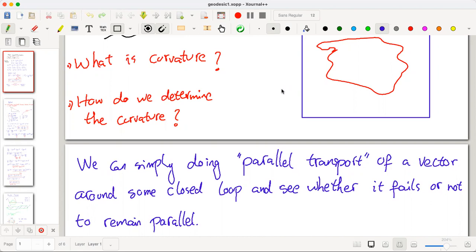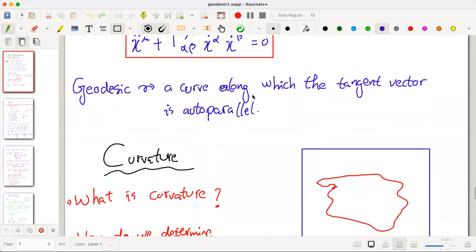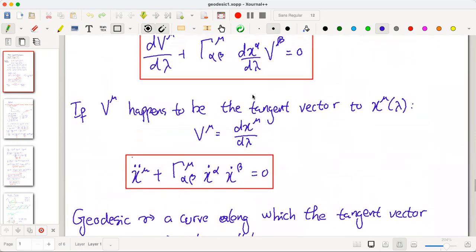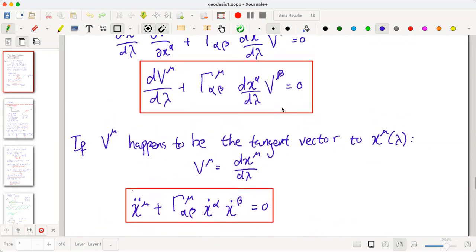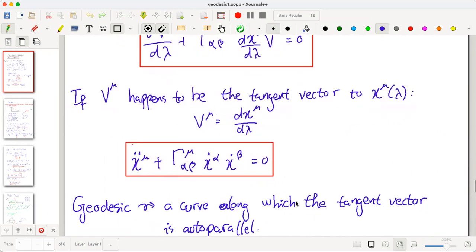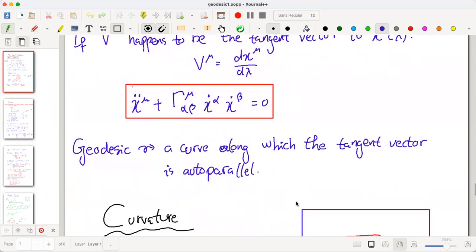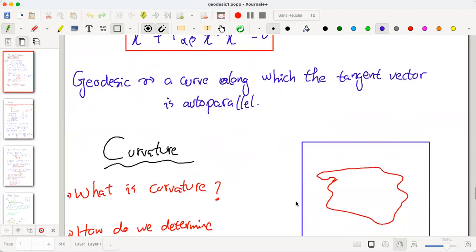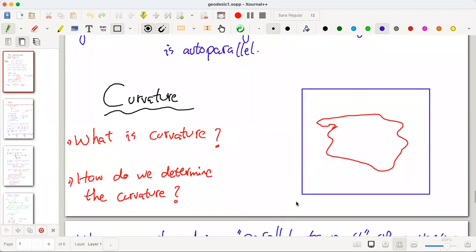So previously we have discussed parallel transport, right? And also how parallel transport can be related to the geodesic equation, okay? And so from that we can try to define curvature, right?